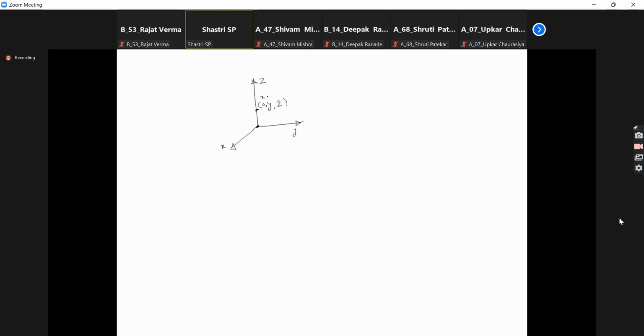So this is my x coordinate, then y coordinate, then z coordinate. Line charge distribution means you are having a very thin wire, passing through coordinates x equals 0 and z equals 2. Y is not mentioned, so it means that it is running parallel to the y axis. So I will draw that line charge.